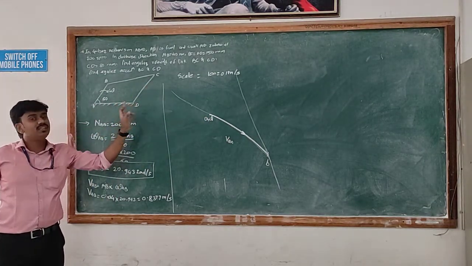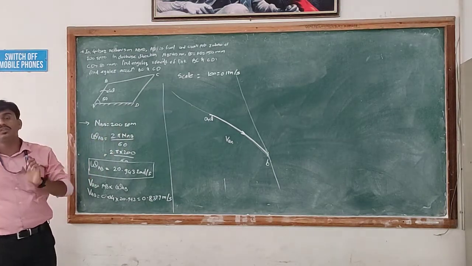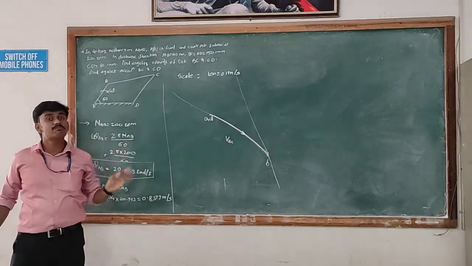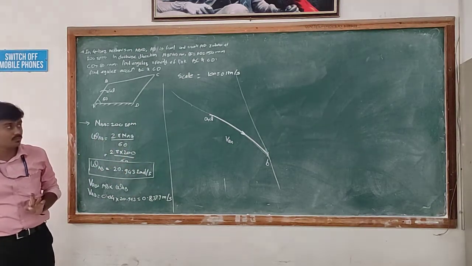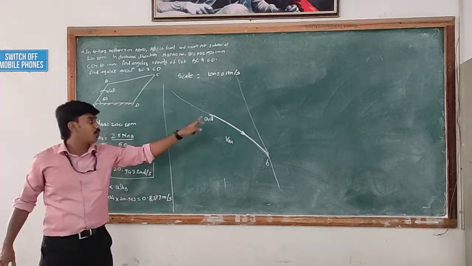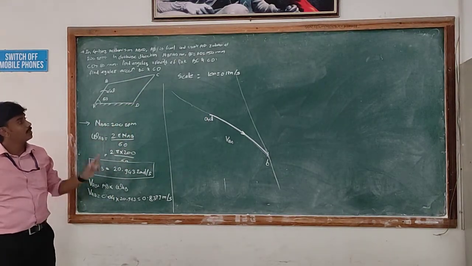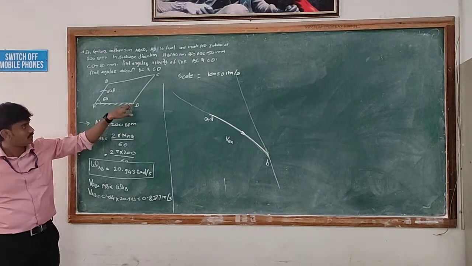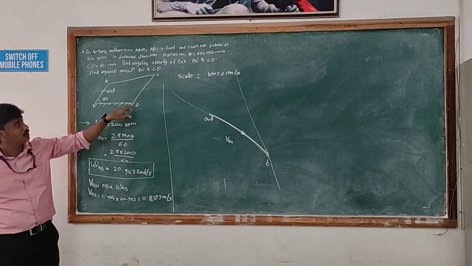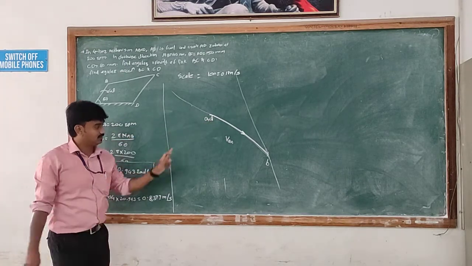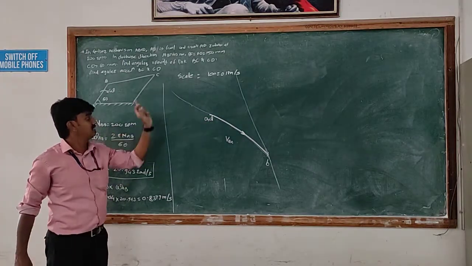Okay, now as the point D is fixed, so D lies here. This is a link CD, means we will draw a velocity vector for this link CD, which is passing through point D and perpendicular to CD.